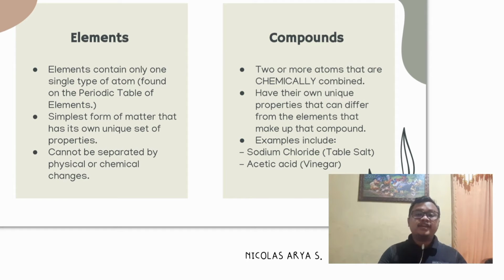Elements contain only one single type of atom, and you can find them on the periodic table of elements. Elements are the simplest form of matter that has its own unique set of properties.